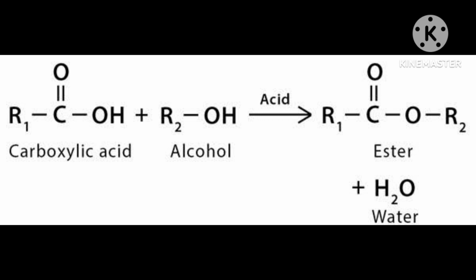Now PCl4 is remaining, meaning one phosphorus and 4 Cl. Then what will happen here? You have seen OH gone from the carboxylic acid. There O was there and H was also there.